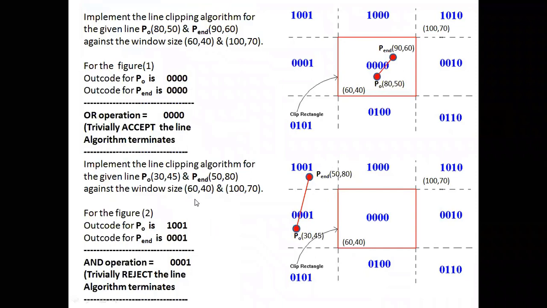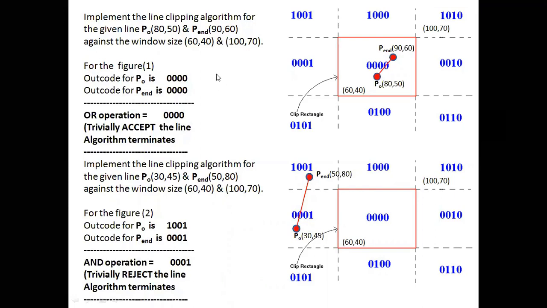Okay, so here you can see that the two endpoints are given, p naught and p end. The output for p naught is all zeros, p end is all zeros. Okay, so you can see this x and y is lying within the x min and y min range, and this is also lying within the range. Okay, so we can simply perform the operations.